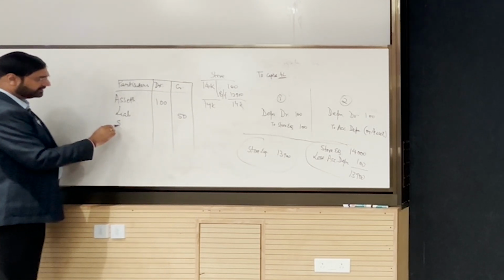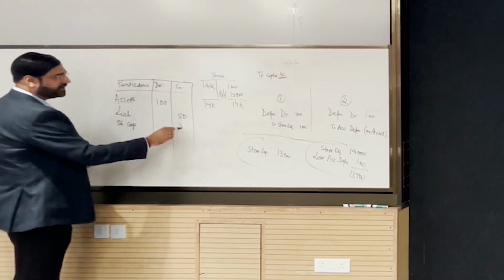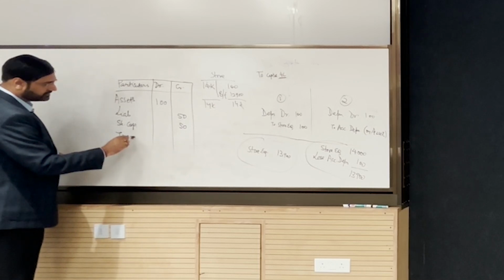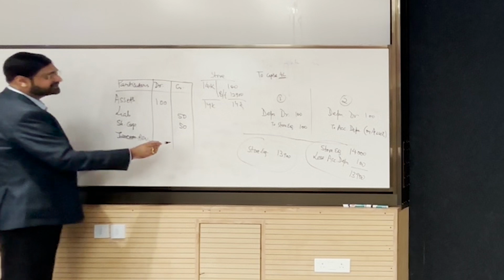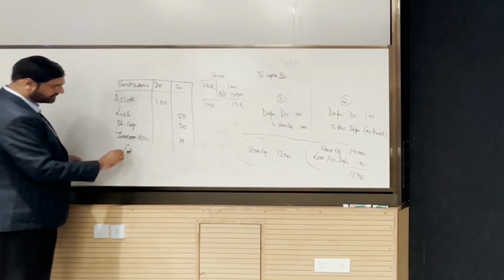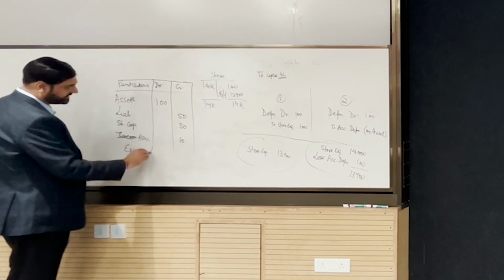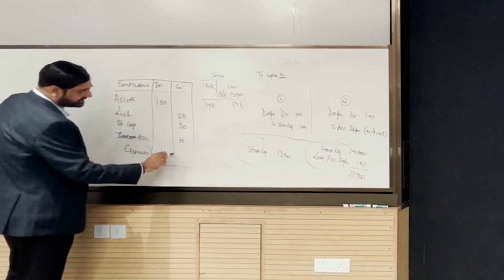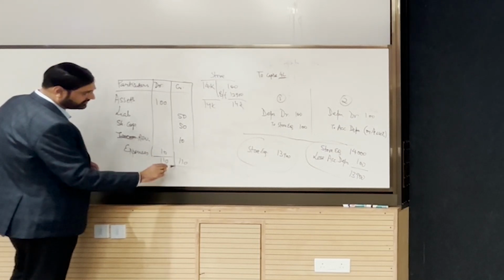Share capital, I am just writing share capital short, is 50 on the credit side. Let us say revenues on the credit side is 10. And expenses on the debit side is 10. So, the trial balance will look something like this. It will have 5 accounts, 110, 110, and it will balance.